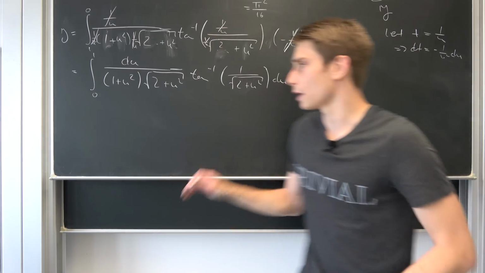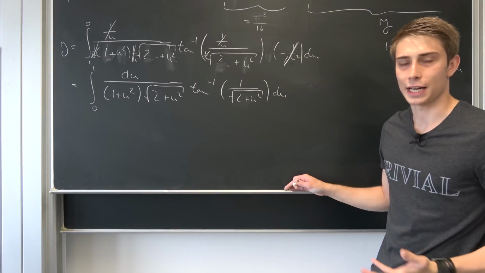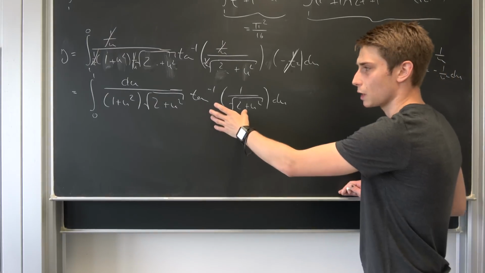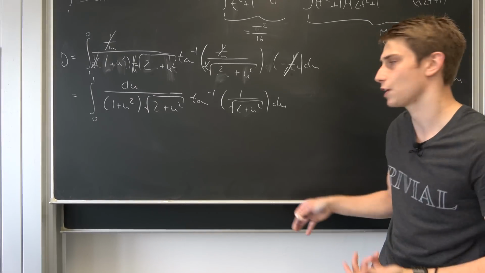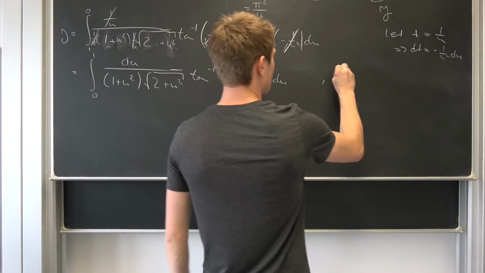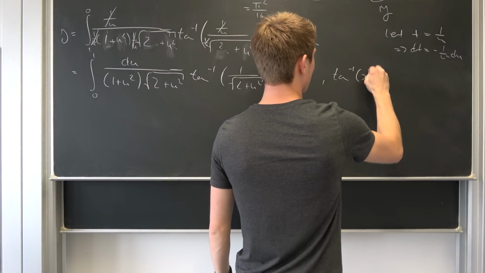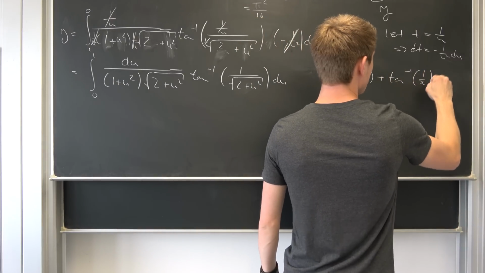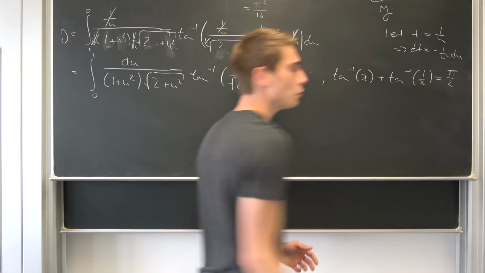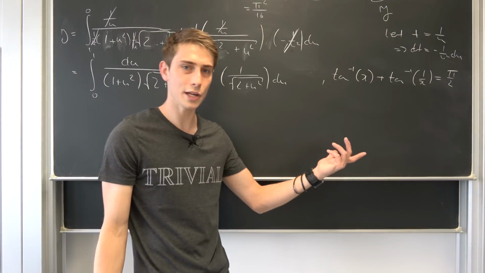And now I would like to make use of an identity I have derived before, because we have the inverse tangent of 1 over u, you could say, 1 over a function of u. We can take the inverse tangent of x, add the inverse tangent of 1 over x, and get pi over 2 if our x is greater than or equal to 0.